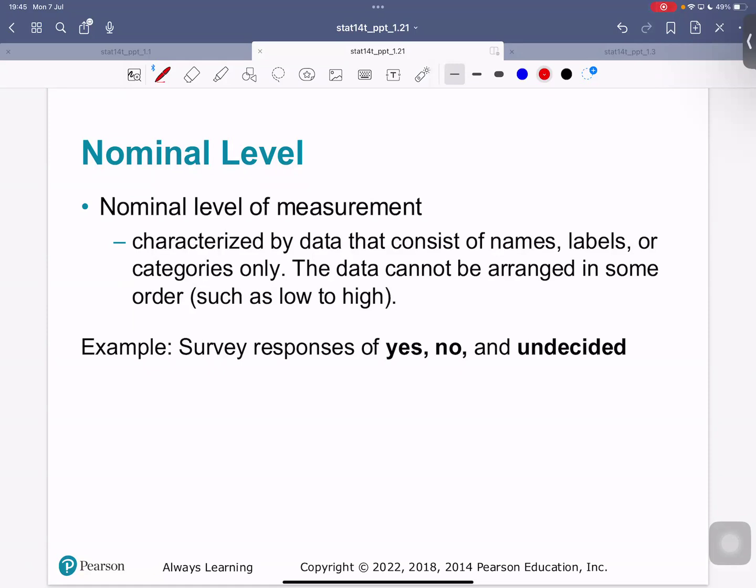The nominal level of measurement is characterized by data that consist of names, labels, or categories only. The data cannot be arranged in some order, such as low to high. For example, survey responses of yes, no, or undecided.